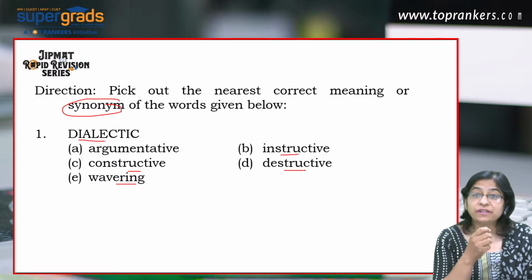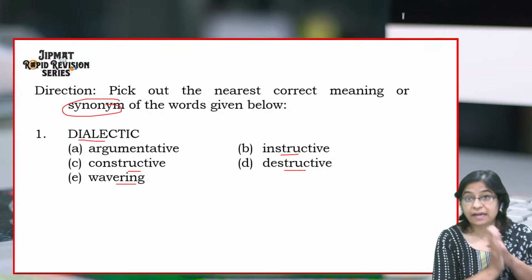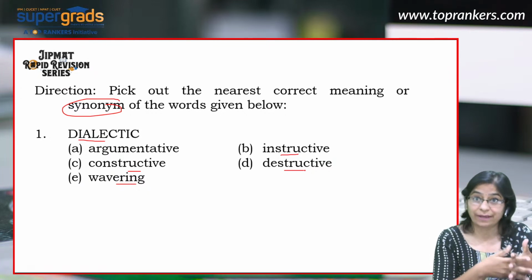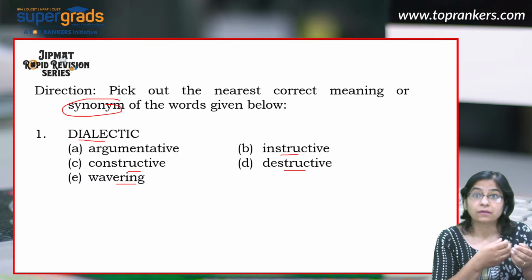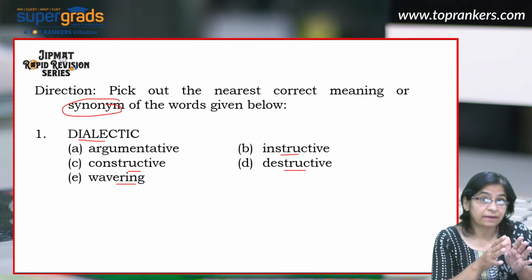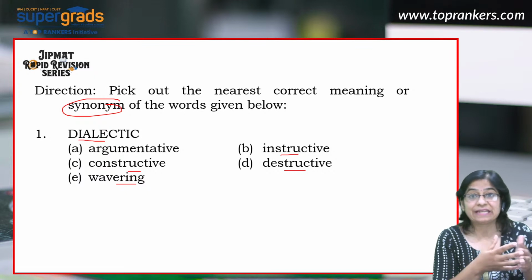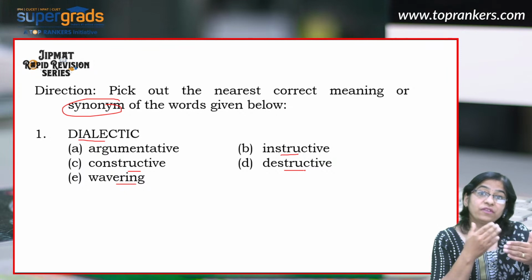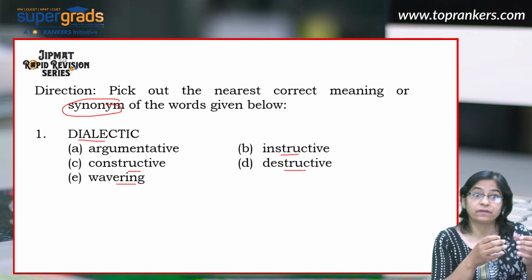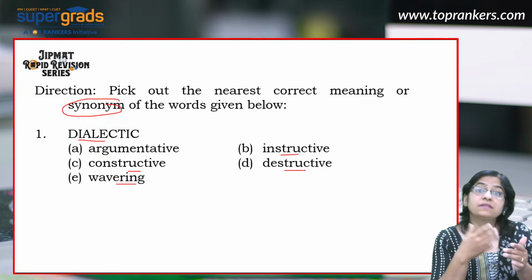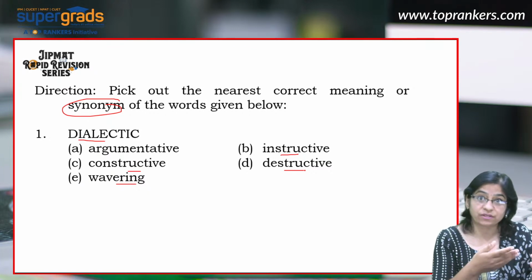Now, first and foremost, it's a very good strategy that you know the meaning of the words. I mean, you prepare well for the entrance test. But the second thing that you should be clear about when you're attempting any entrance test is that the answer to the given word would have to be the same part of speech as the question itself.